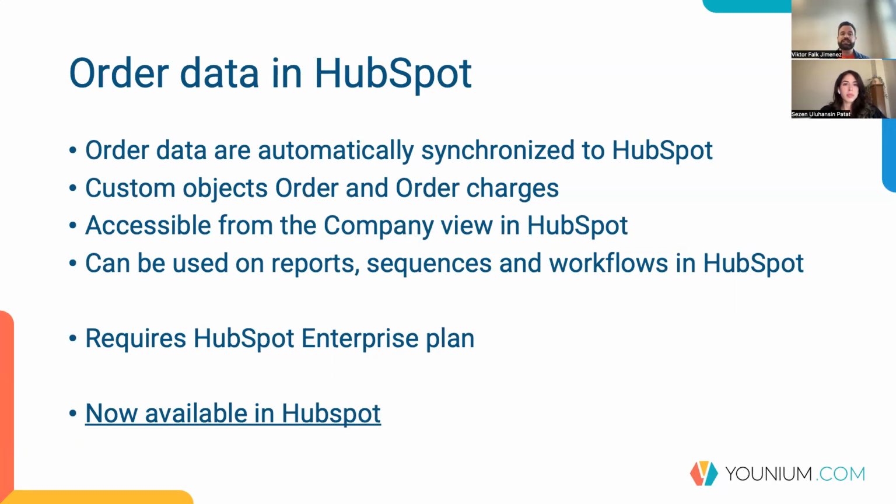These items are accessible from the company view in HubSpot, and can be used to create reports, sequences and workflows in HubSpot. Basically, this gives you all your order data within HubSpot for you to do what you need to do to get your CRM to an optimal state.